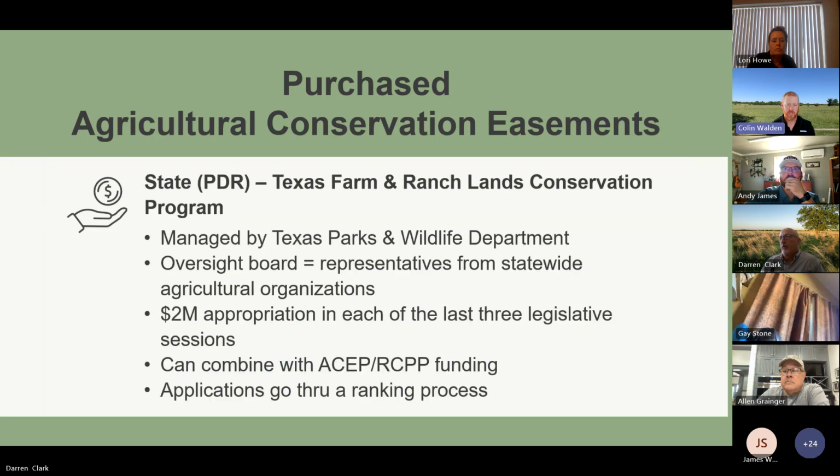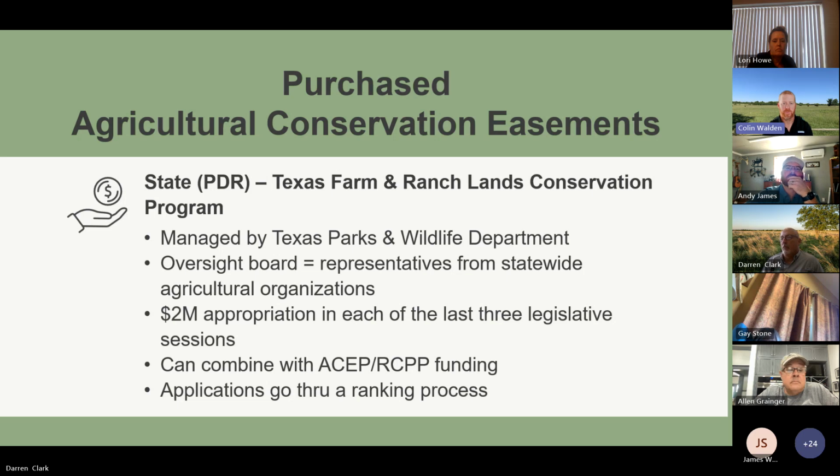I think Andy had also mentioned, through the state, the Texas Farm and Ranch Lands Conservation Program. It's state-led and state-funded. However, it's only $2 million, and that has been approved in the last three legislative sessions. We can combine that with the federal funds in certain situations.